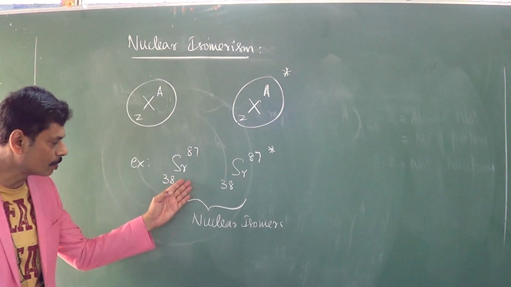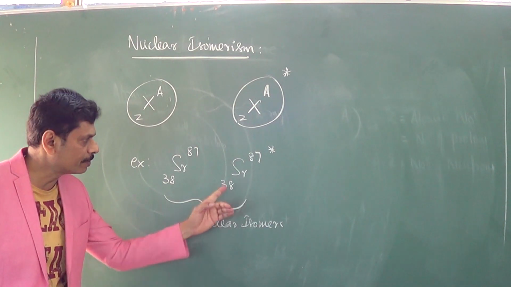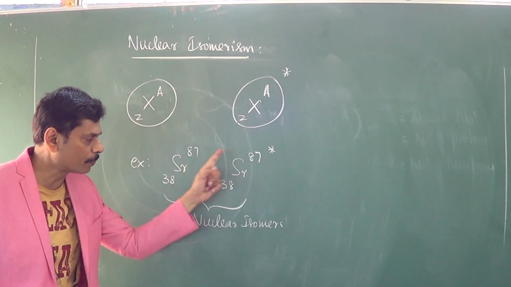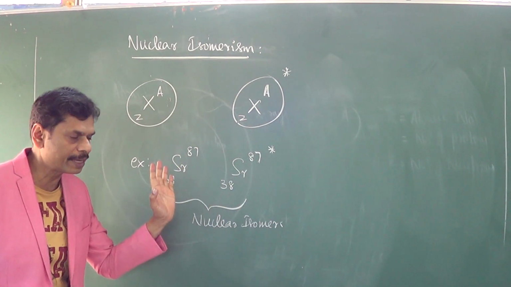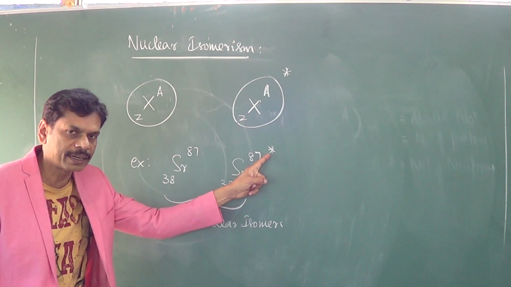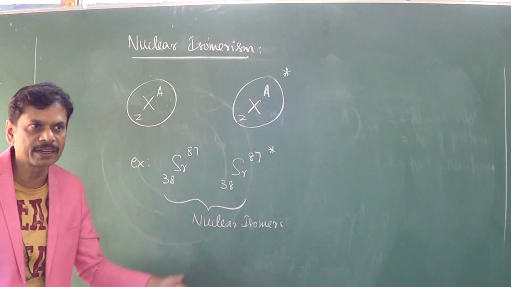What are nuclear isomers? The two nuclei are said to be nuclear isomers if they are having the same mass number, same atomic number, meaning the number of protons is the same, the number of neutrons is the same, but there is a small difference in their internal energy. Due to that internal energy, a small difference is there in the internal structure.